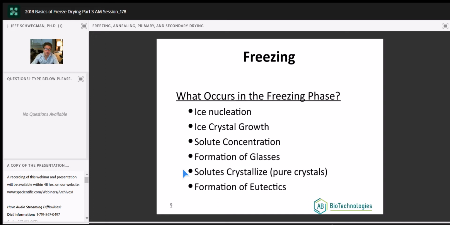The eutectic, if we recall from last time, is two or more crystalline species in such close contact that they melt like a single pure substance. One of the crystal forms may be your active ingredient or an excipient. The other crystal form is going to be tiny ice crystals that combine with that to form the eutectic.